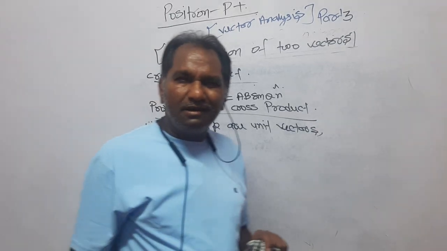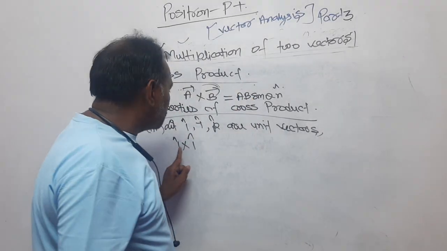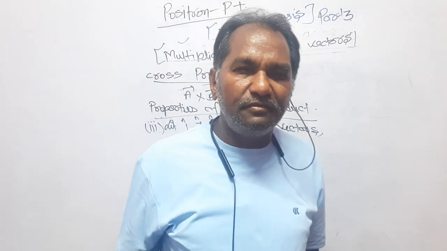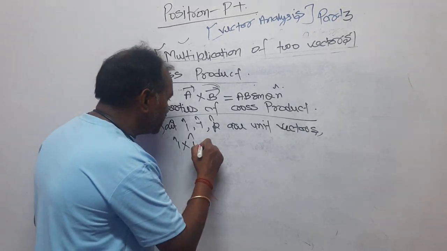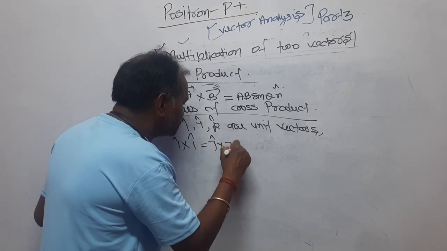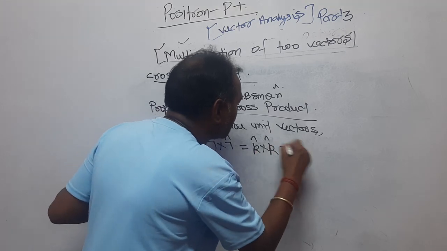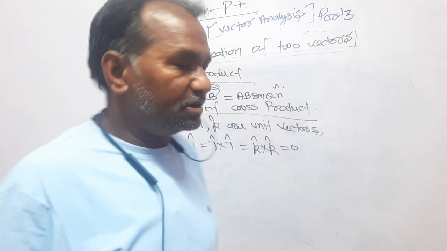You have got that the cross product of two parallel vectors vanishes. A vector is always parallel with itself. I cap is parallel to i cap, similarly j cap is parallel to j cap, and k cap is parallel to k cap, and all of these vanish. The result of their cross product is 0.